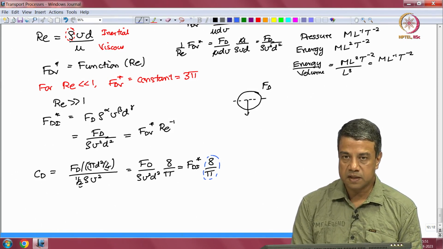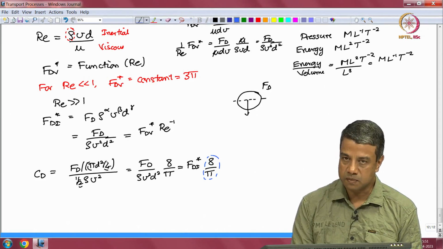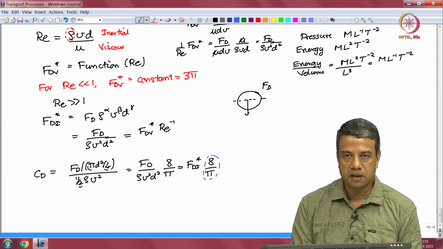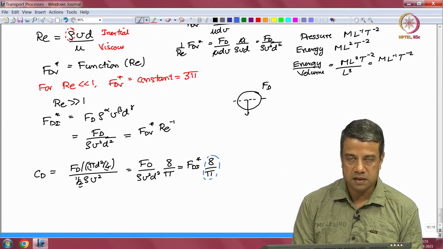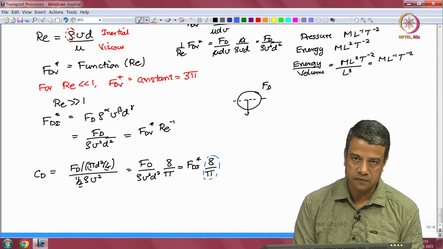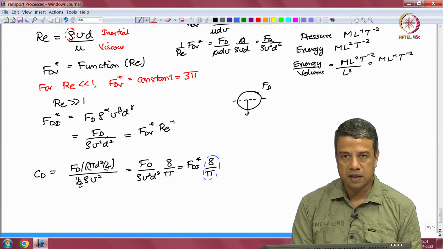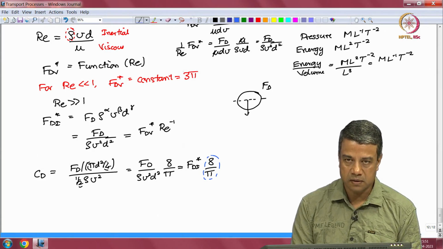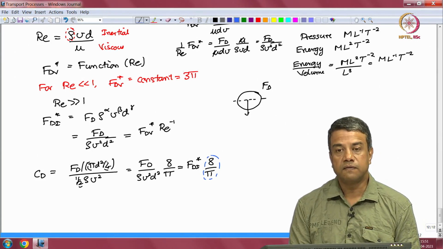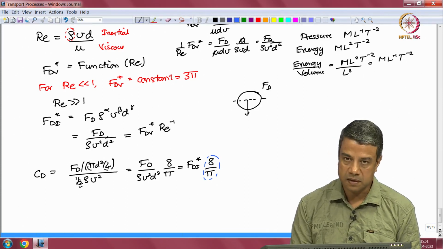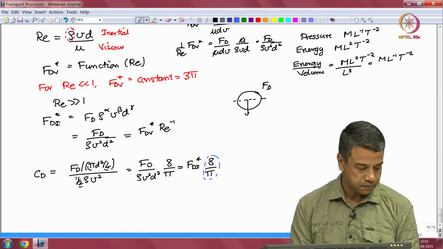We were able to further simplify it in the limit where the dimensionless group, the Reynolds number, was small or large. Reynolds number represents ratio of inertial and viscous effects. When it is small, viscous effects are dominant and the drag force scaled by viscous scales has to be a constant. When it is large, the drag force scaled by inertial scale has to tend to a constant value, if viscous effects are small compared to inertial effects.